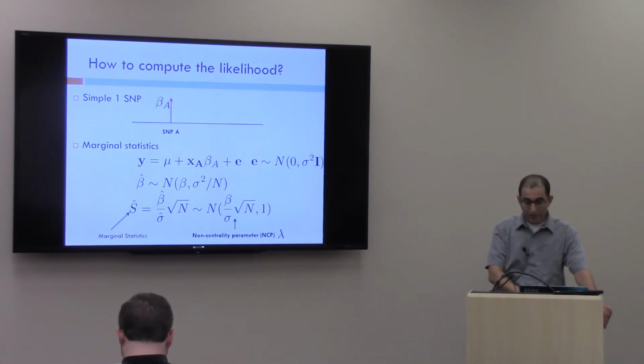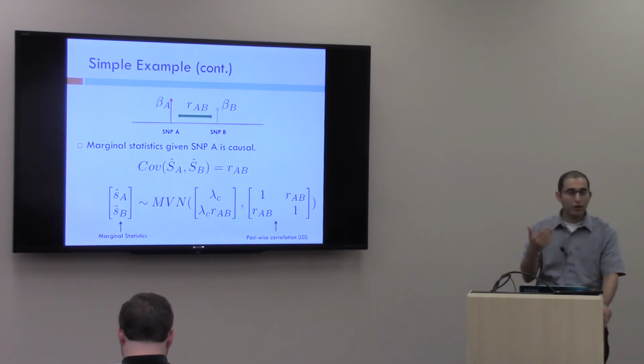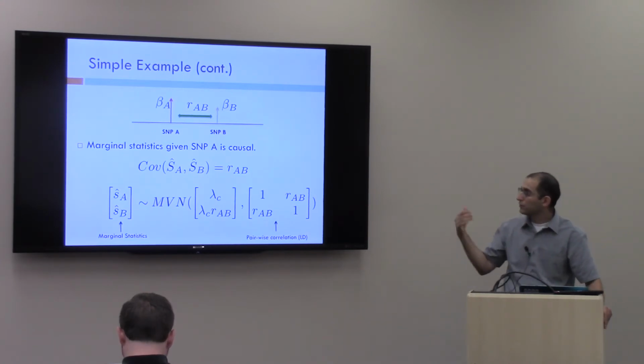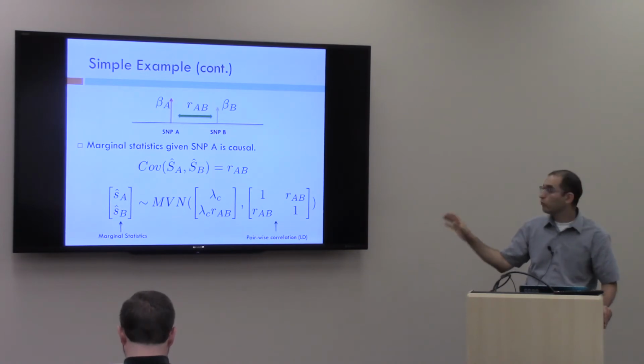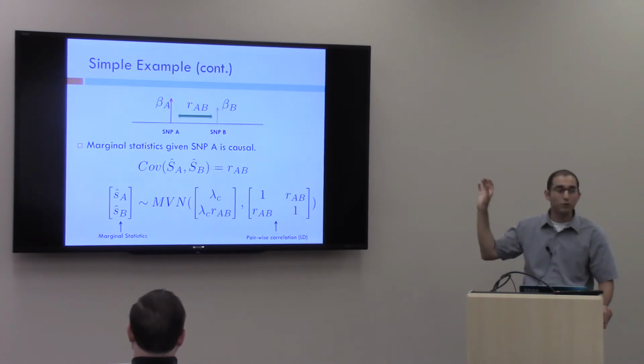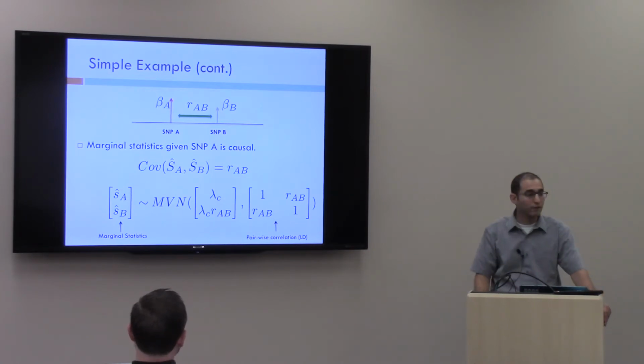Now, you can extend it to a more general case when you have two SNPs, and people have shown that when you have enough individuals, the joint marginal statistic of these two SNPs follows a bivariate normal distribution, whose covariance is the LD between the two SNPs. And the mean of the causal variant is the NCP, which we know for now.